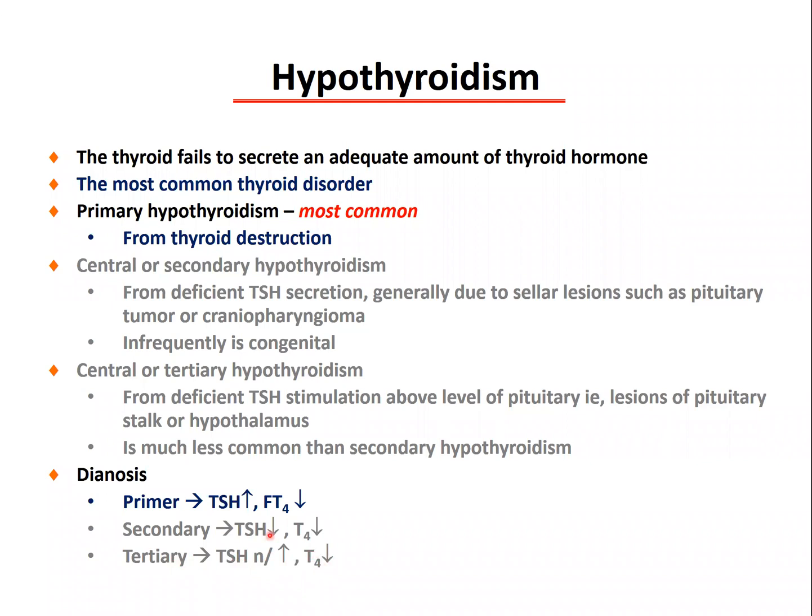The best way to distinguish between secondary and tertiary is the TRH stimulation test, because if you give TRH in a case of tertiary problem, the T4 level will be elevated because the pituitary works perfectly. However, if you have a secondary problem, the TRH cannot stimulate the TSH release. This is why the T4 level won't be altered.